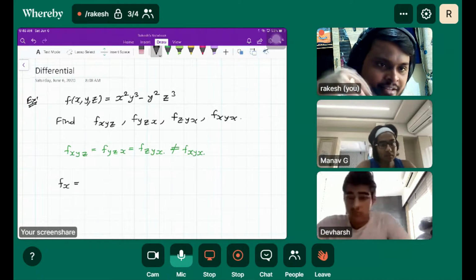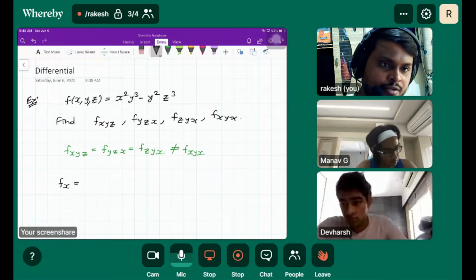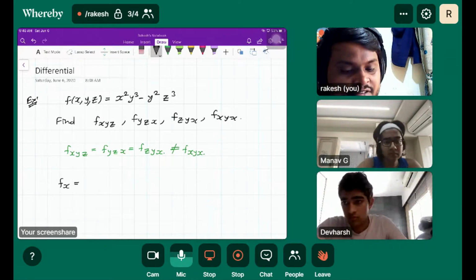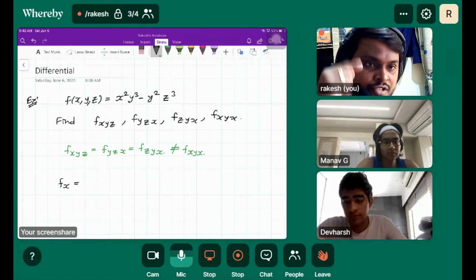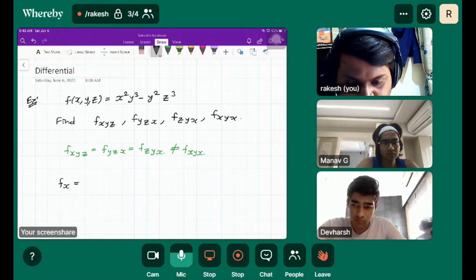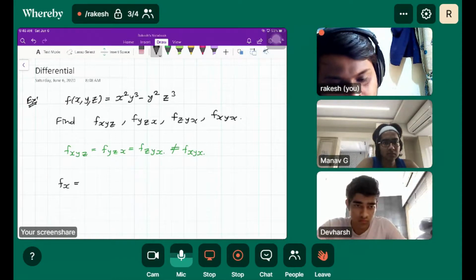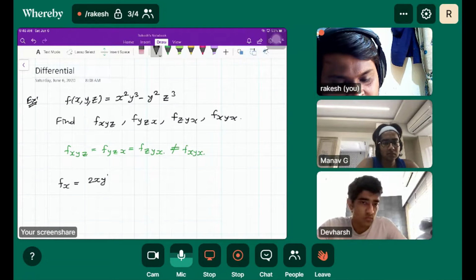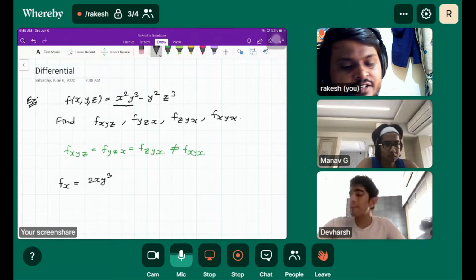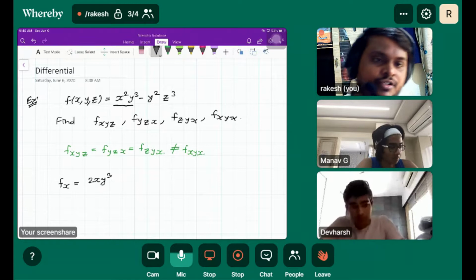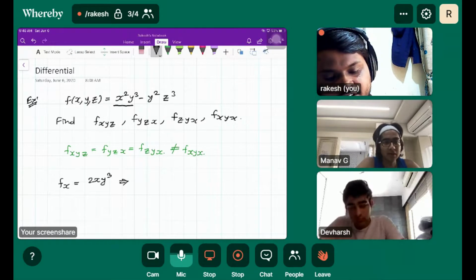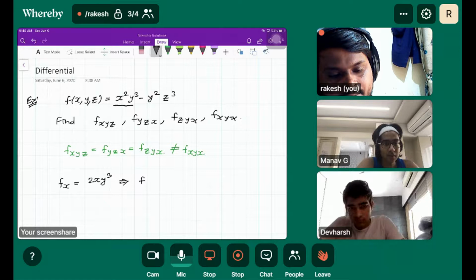That is the meaning of partial derivative. So keep in mind that x is the variable now. x is variable means 2xy cubed, and the next term is constant.